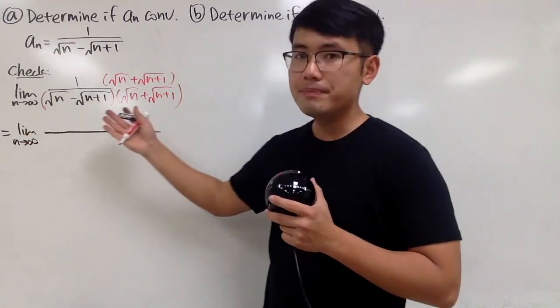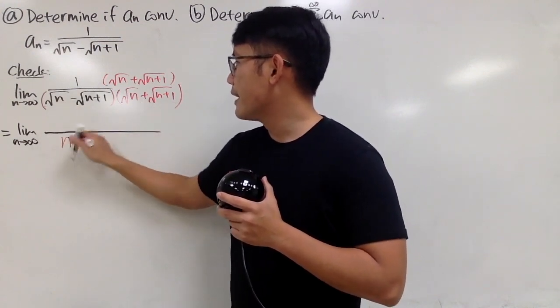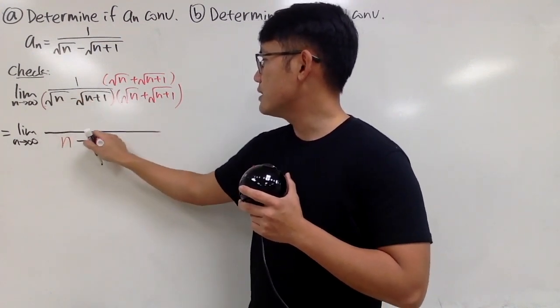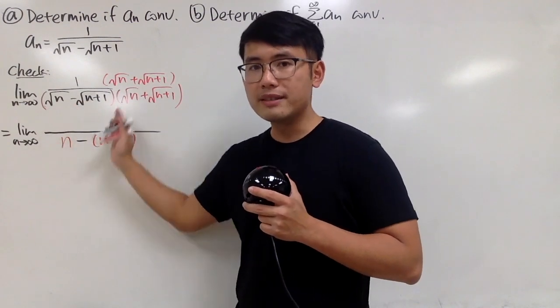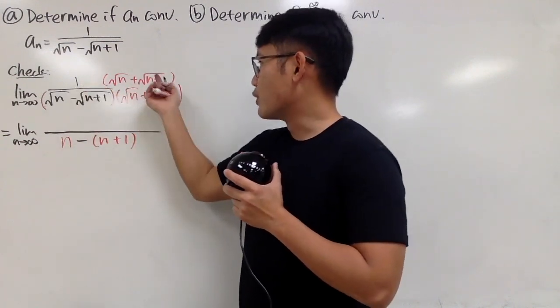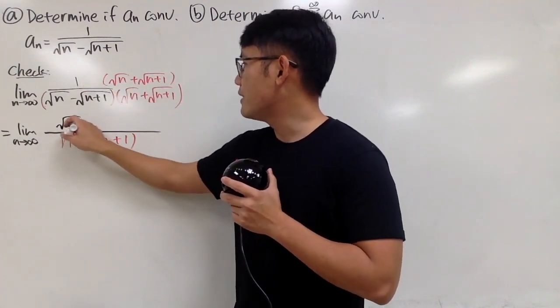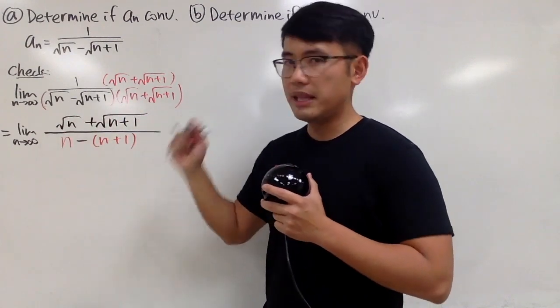And on the bottom, of course, when we have this times that, we just have n, and then minus parentheses n plus 1, right? The square of the first minus the square of the second, so we just have this. On the top, we have this times that, of course, it's just this, namely square root of n plus square root of n plus 1, like this.